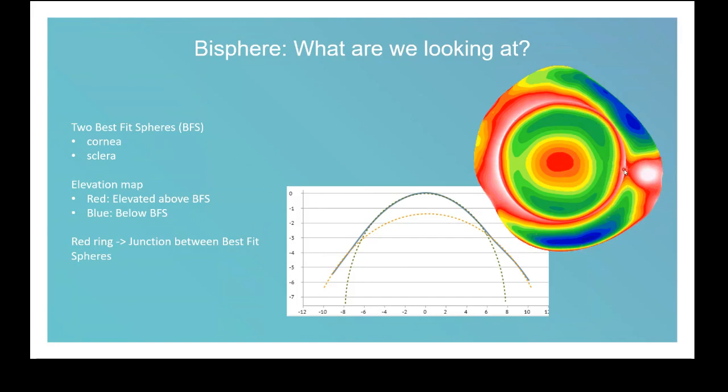This red ring does not mean this is exactly the HVID. It is in the location of the HVID, but it is the junction between the 2 best fit spheres. So it is the junction between the cornea and the sclera.